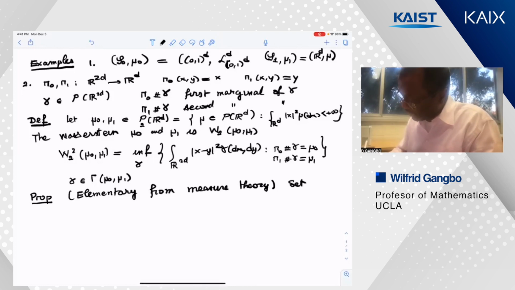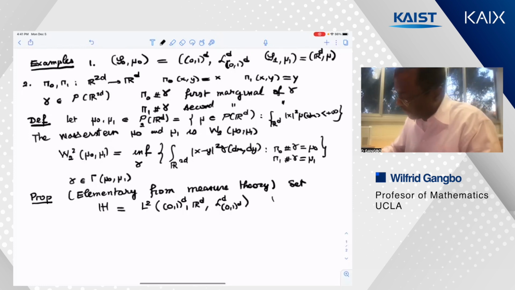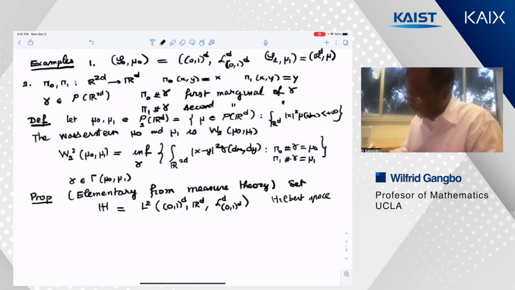Set H to be the set of maps from (0,1)^d to R^d, and I endow this set with the Lebesgue measure. This is a Hilbert space. And you can guess what inner product I am using.